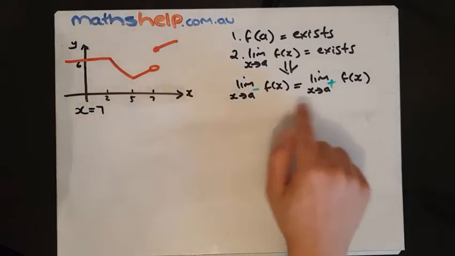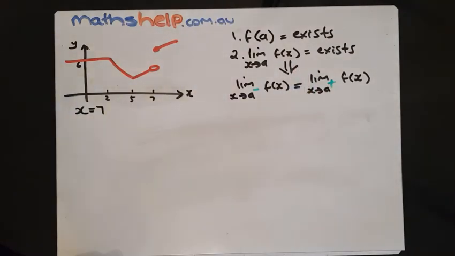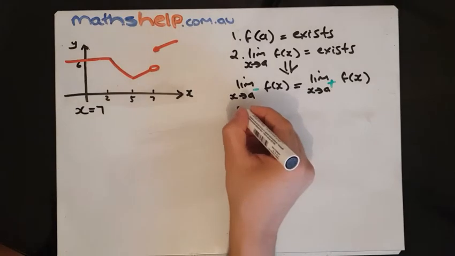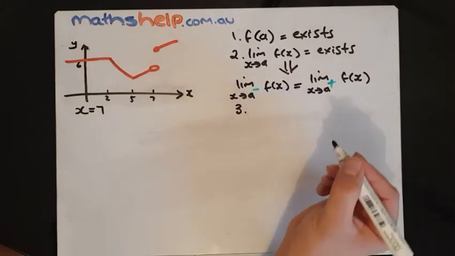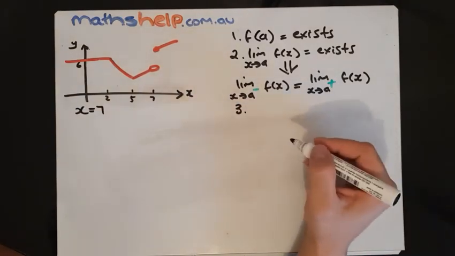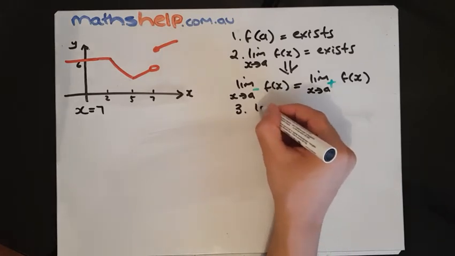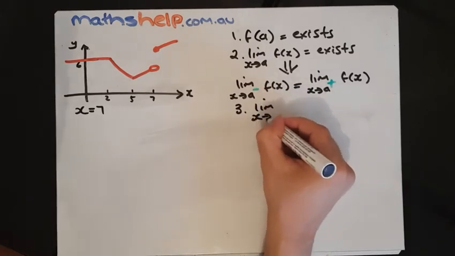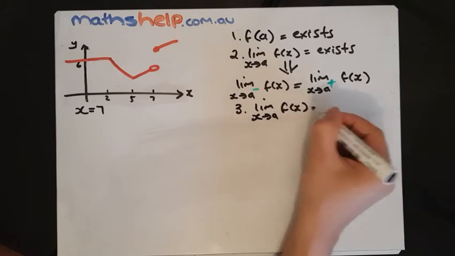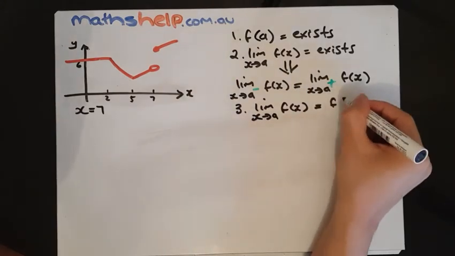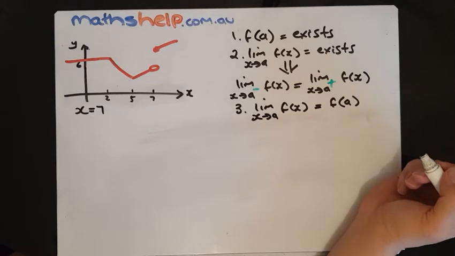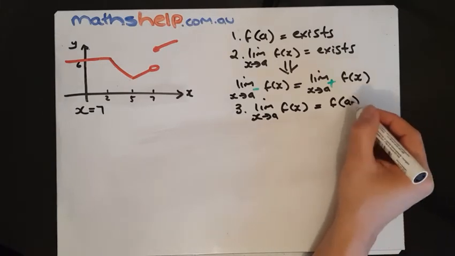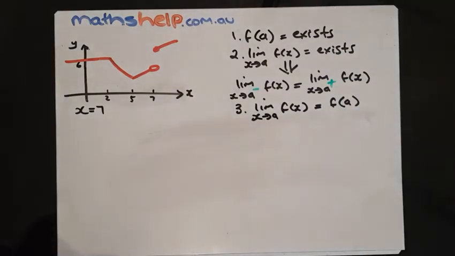If these 2 are different, then the limit does not exist. The third condition for a graph to be continuous is that the limit as x approaches a number equals the y value of that x value. If it fails any of these conditions, we have a discontinuity.